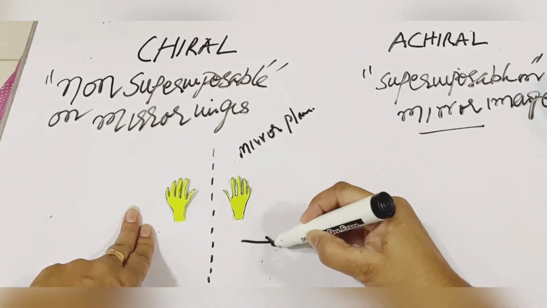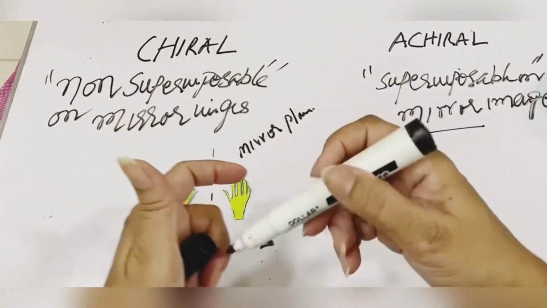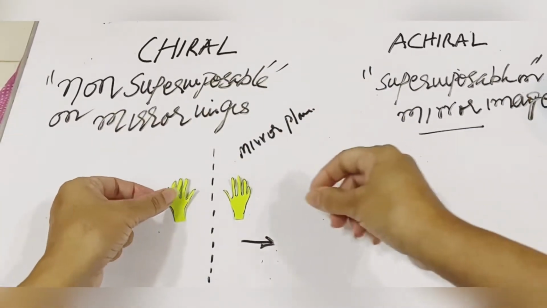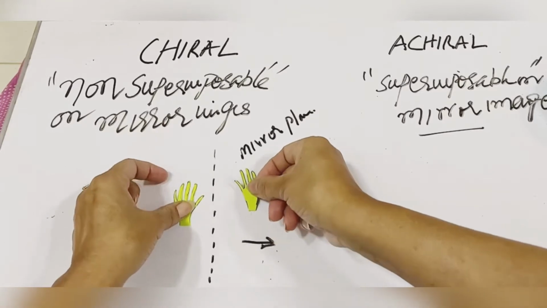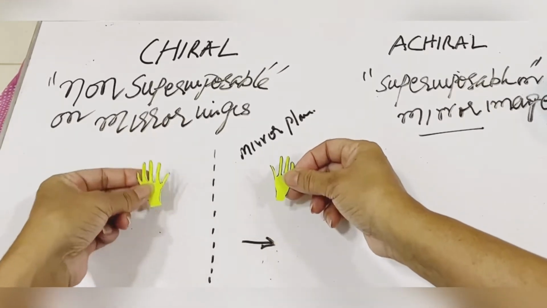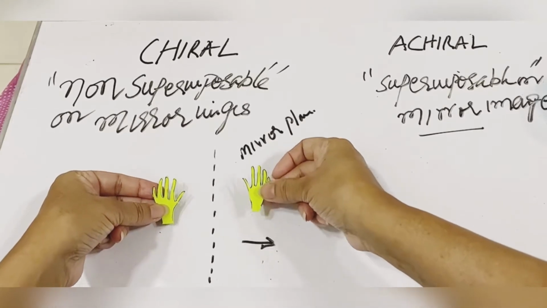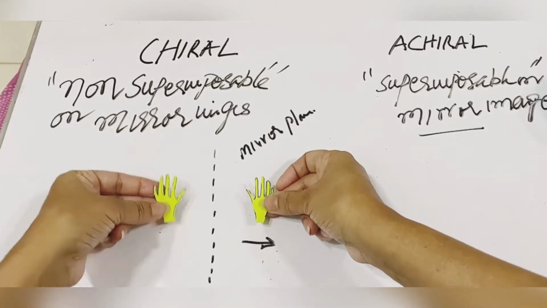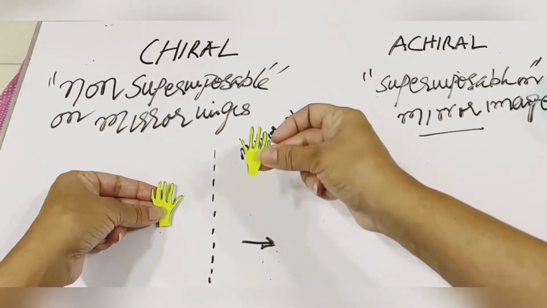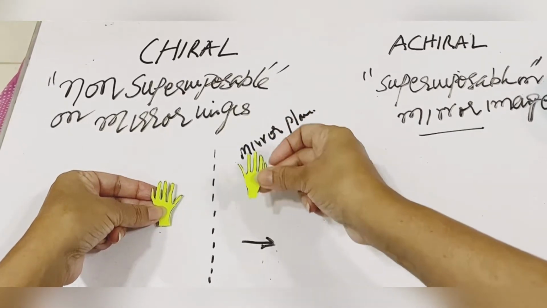This is the left hand and this is the reflection on the right side. This is the reflection, this is the left hand, and you can see its reflection as your right hand.